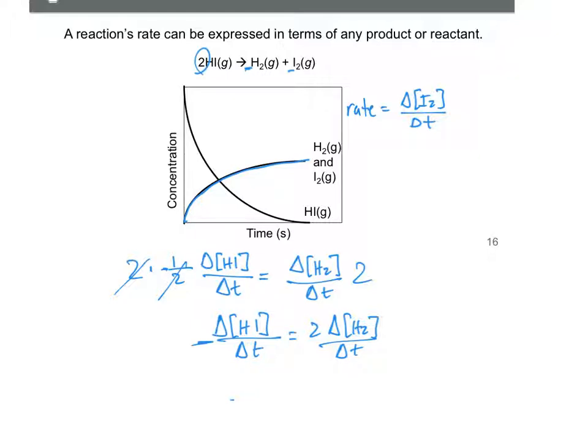You could simply set this bottom equation up based on the stoichiometry, but if you're consistent in saying that it's 1 over the stoichiometric coefficient for the thing it's in front of, so 1/2 times HI, it's not as easy to mess things up, because this is harder to arrive at than the other. Did you have a question?